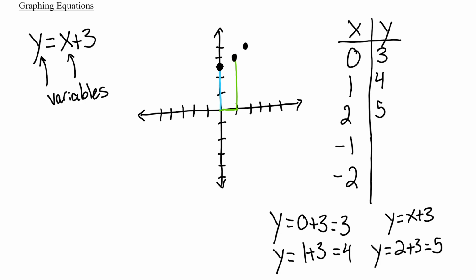And now we're going to look at the negative numbers. Okay, so y equals negative 1 plus 3 is going to be 2. So now we go to negative 1 on the x, 2 on the y, and that's going to put us right there. And then finally we'll do y equals negative 2 plus 3, which is going to put us at 1.